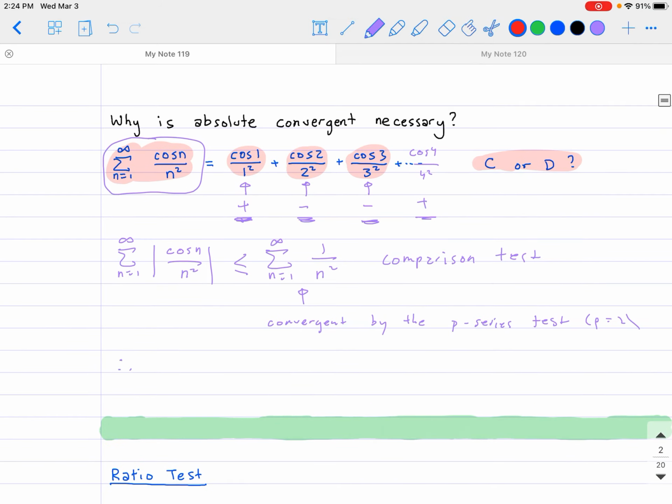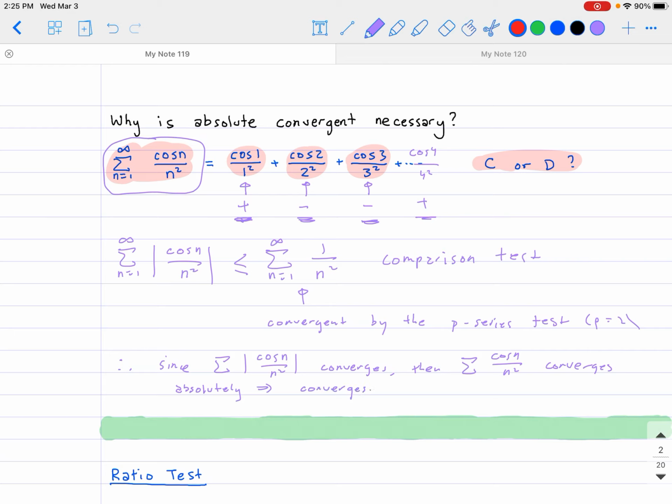So therefore, since the summation of the absolute value of cosine of n divided by n squared converges, then the summation of cosine of n divided by n squared converges absolutely, which implies that it converges.